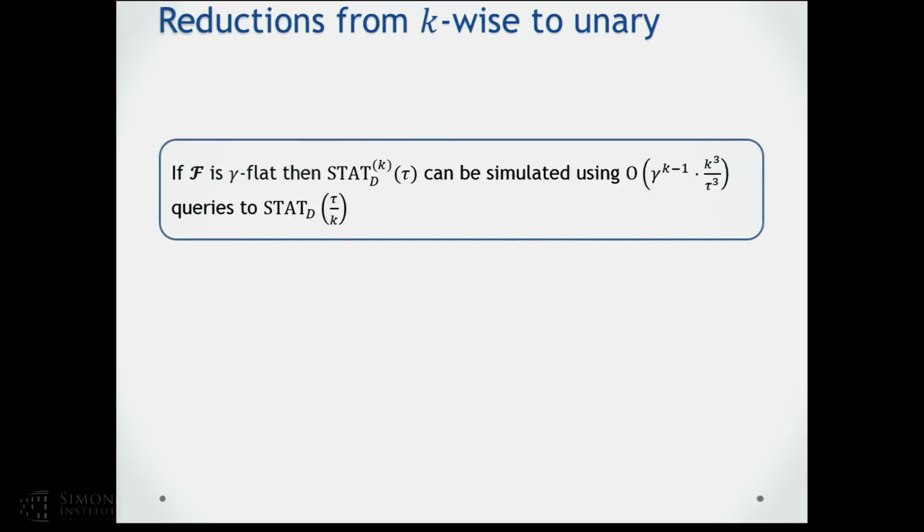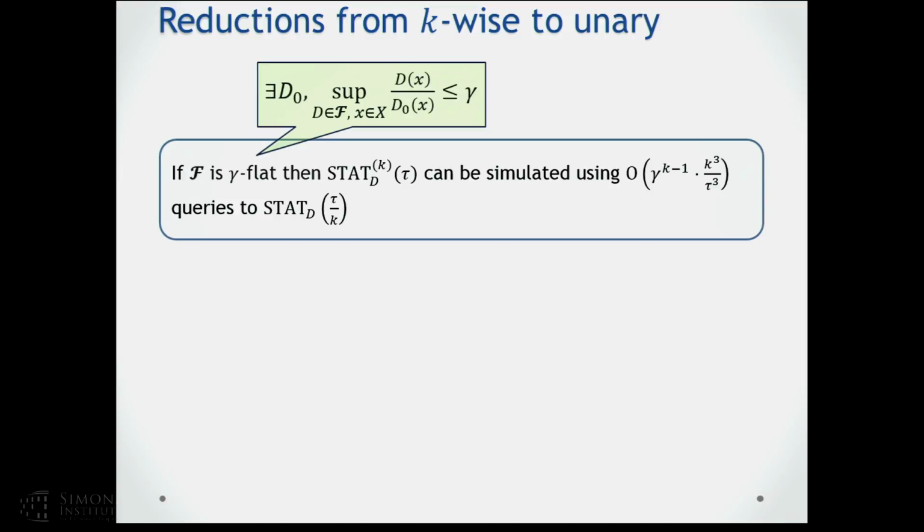Specifically, if the class of distributions over which we need to solve a problem is gamma-flat, where gamma-flat means that there exists some reference distribution such that relative to that distribution, all the densities in our class of distributions are larger by at most a factor of gamma, then a k-wise query can be simulated using roughly gamma to the k, a relatively large number of queries, to a unary oracle but with tolerance which only increases linearly with k, which is kind of optimal.